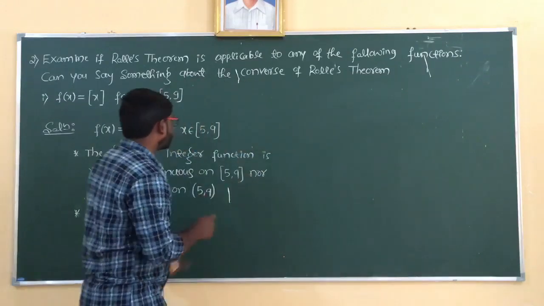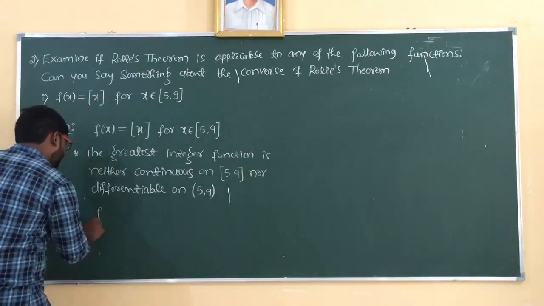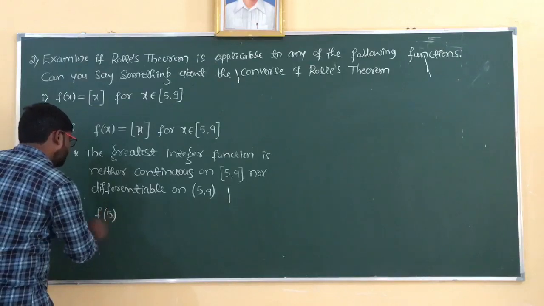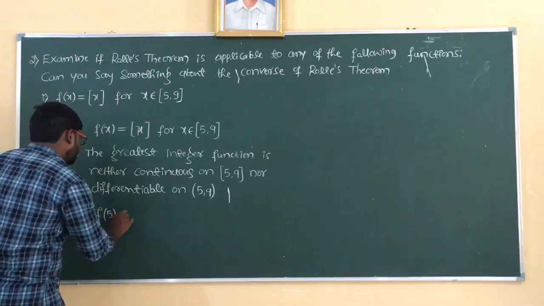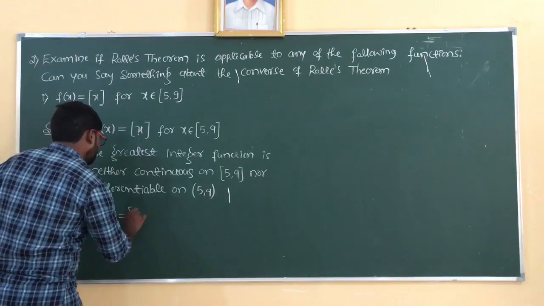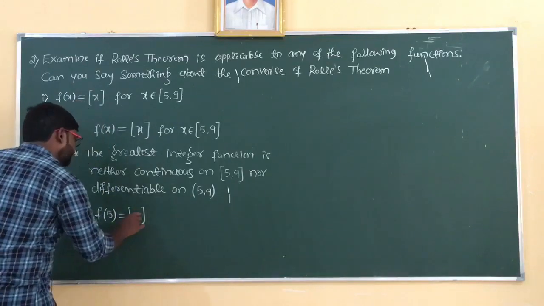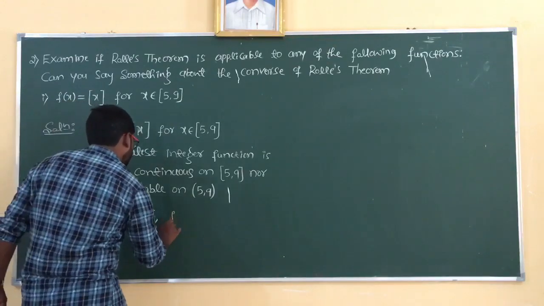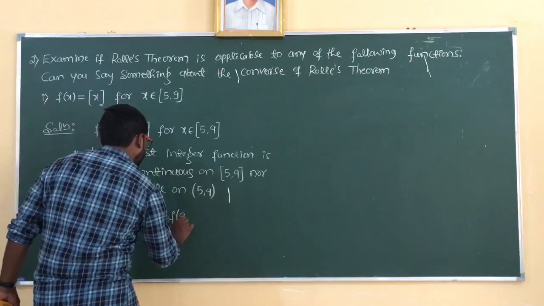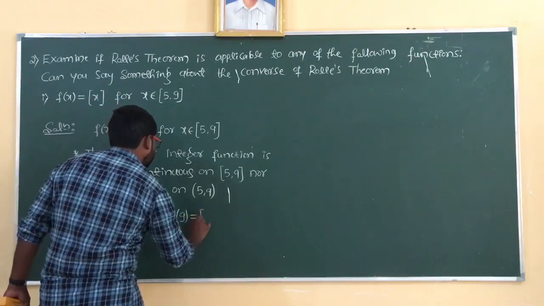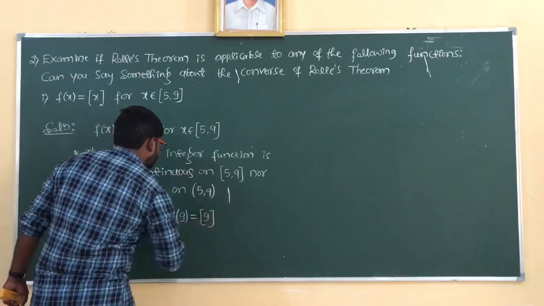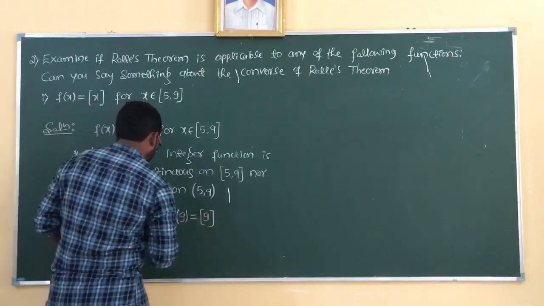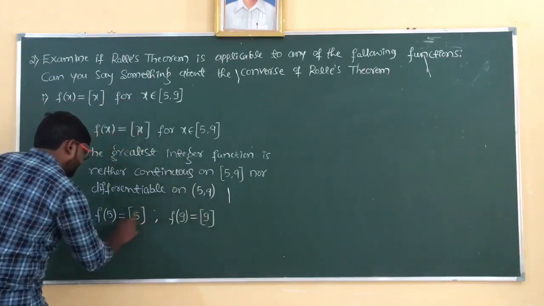So I will go for f of a now. f of 5 equals greatest integer 5, then f of b, that is f of 9, equals greatest integer 9. What is greatest integer 5 here?